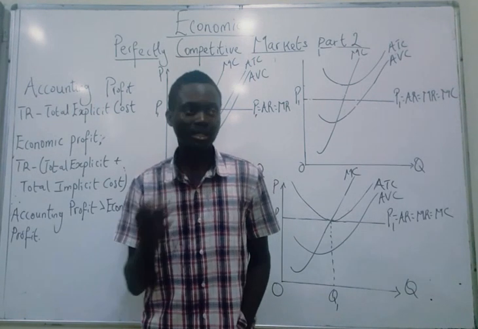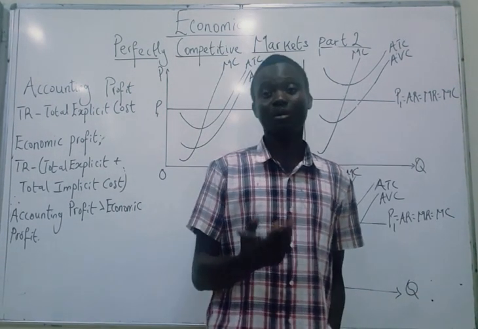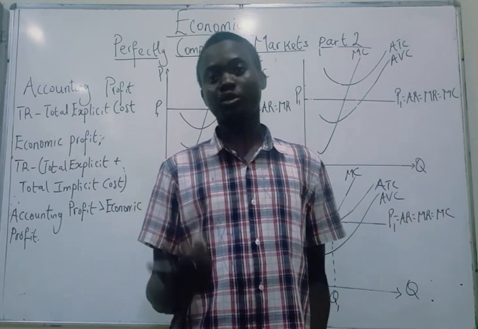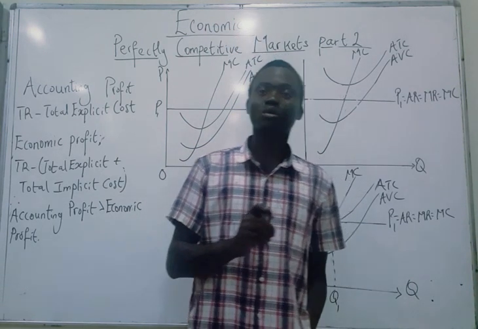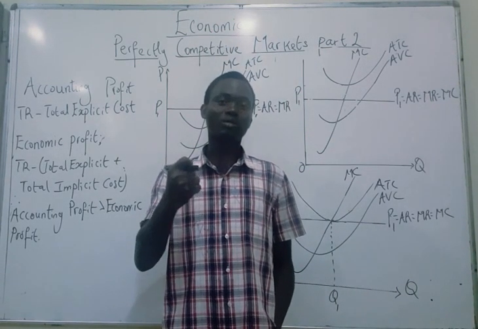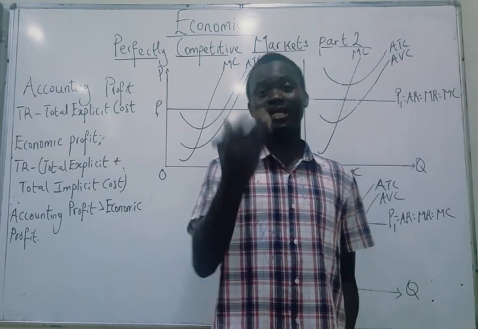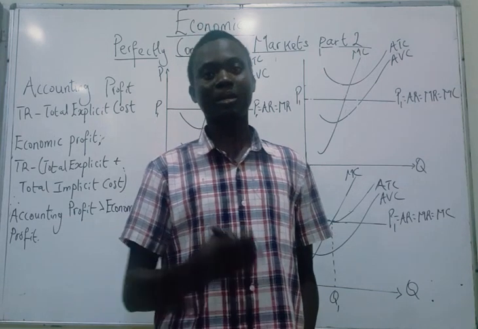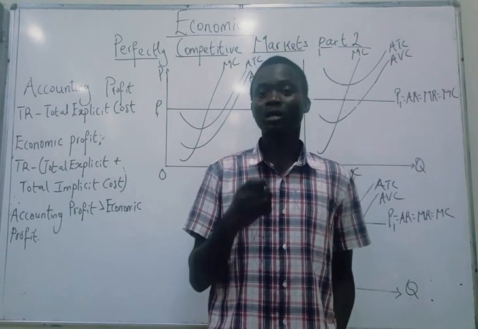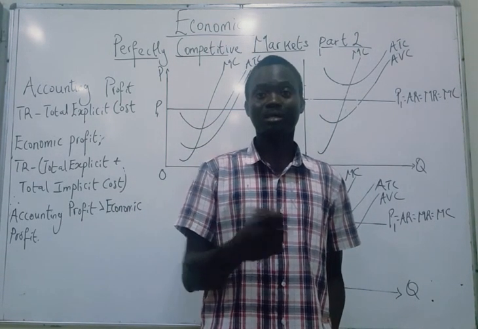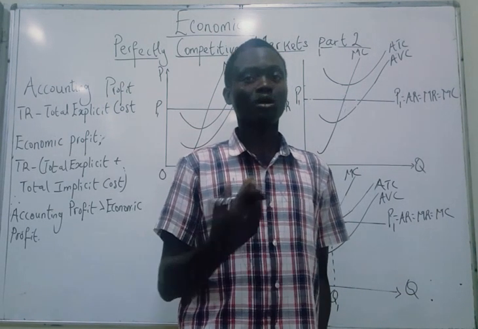Let's take another instance: the raw materials that a producer is supposed to use. This producer would also buy these raw materials with some amount of money. Because he's buying these resources with money, the cost of raw materials is an explicit cost.